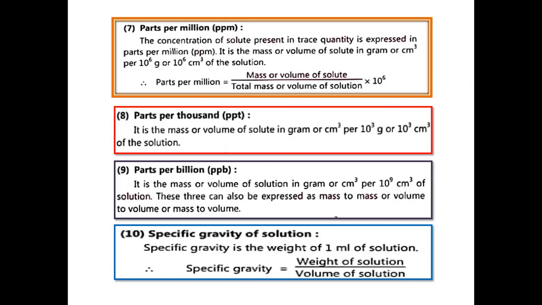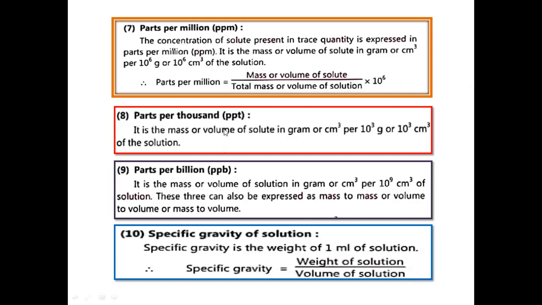It is the mass or volume of solute in grams or cm cube per 10 raised to 6 gram or 10 raised to 6 cm cube of the solution. Therefore, parts per million, that is ppm, is equal to the mass or volume of solute divided by the total mass or volume of solution into 10 raised to 6. So in short, a 1 ppm solution can be prepared with 1 milligram of solute dissolved in 1 liter of solvent.